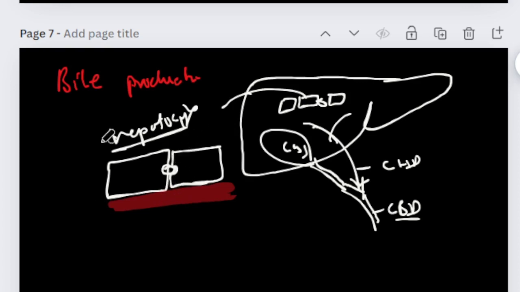Okay, another is the canaliculi. There is the canaliculi present here. These hepatocytes secrete bile into this canaliculi. Okay, and then these canaliculi combine to form ducts. Okay, different intralobular ducts, and the hepatic duct left, right.